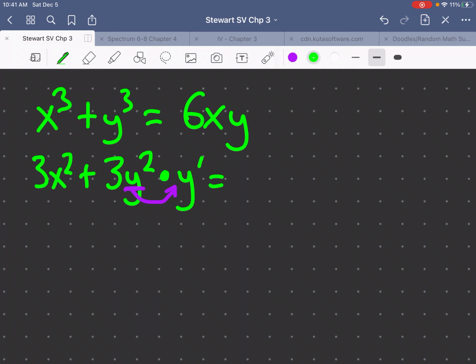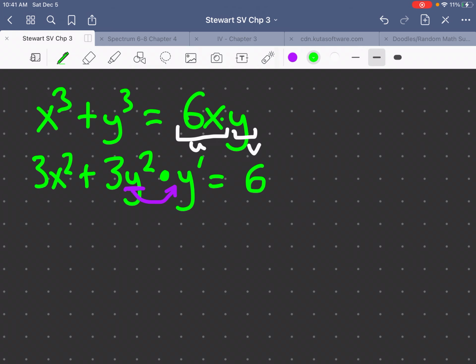Now it equals 6xy. So 6x times y. I'm going to take this as a product rule where 6x is u and y is my v value. So the derivative of the first part, u prime, would be just 6.